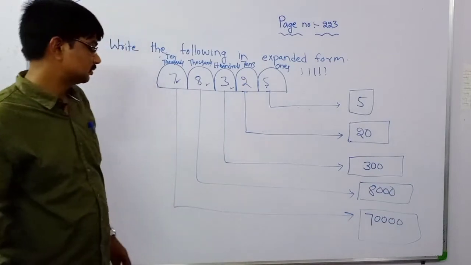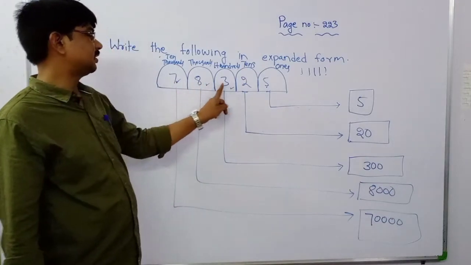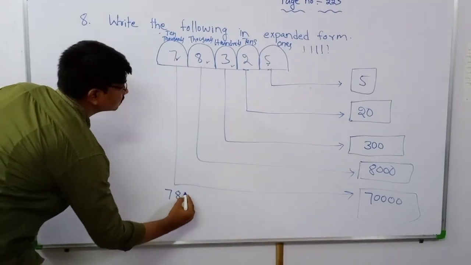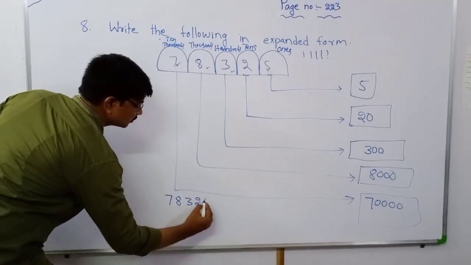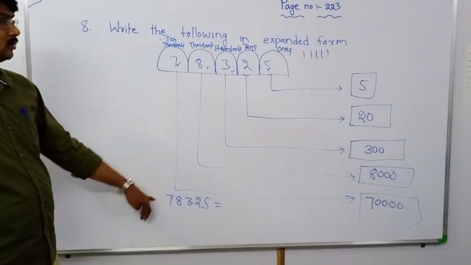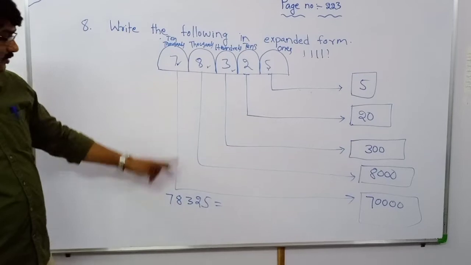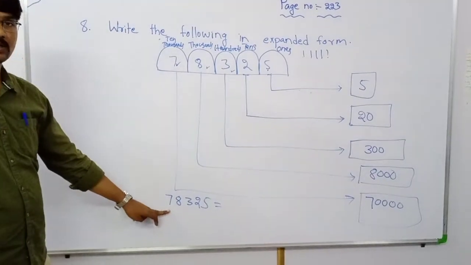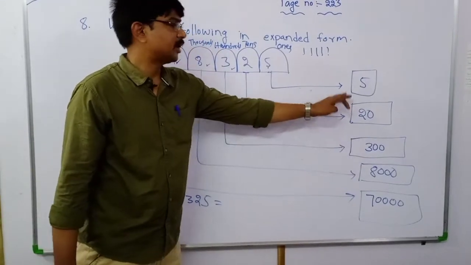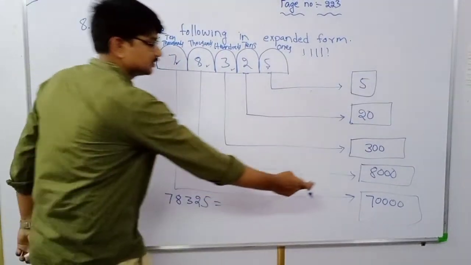Okay, clear? Now, what is the number here? 7, 8, 3, 2, 5. Now let us write the expanded form. This is the short form. This is the expanded form. How?